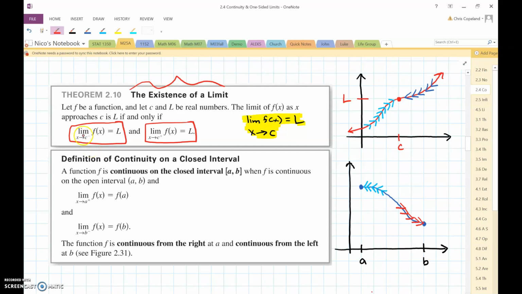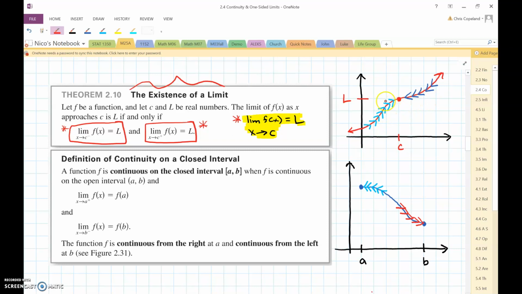So this is saying the limit of f of x as x approaches c from the left equals L. Also, if you have the limit of f of x as x approaches c from the right, if that also equals L, then you can conclude that the limit of f of x as x approaches c is equal to L. Okay? And this diagram over here illustrates this.